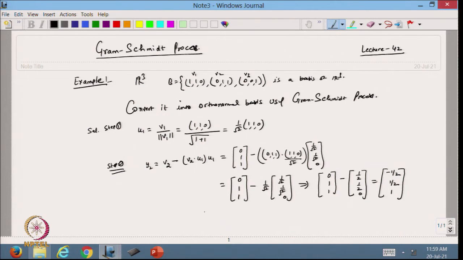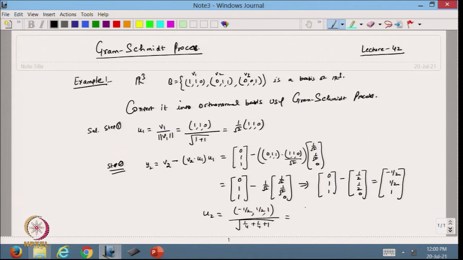Now, from here I will write my U2. I will take this vector, minus half, half, 1, divided by its magnitude. The magnitude is the root of 1 by 4 plus 1 by 4 plus 1, which is 1 plus 1 is 2, plus 4 is 6 by 4.